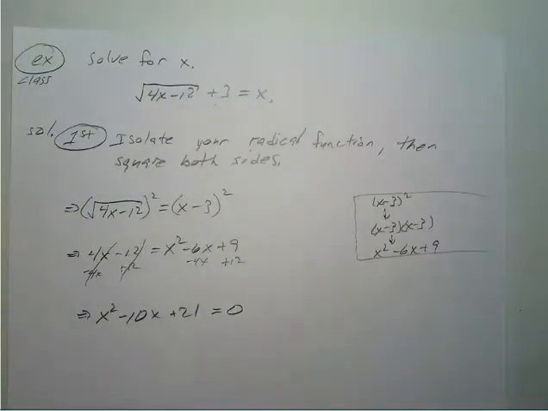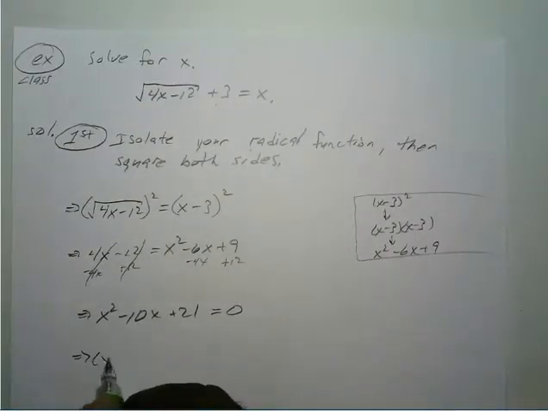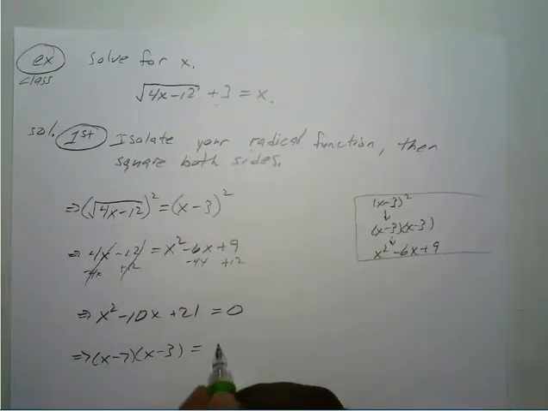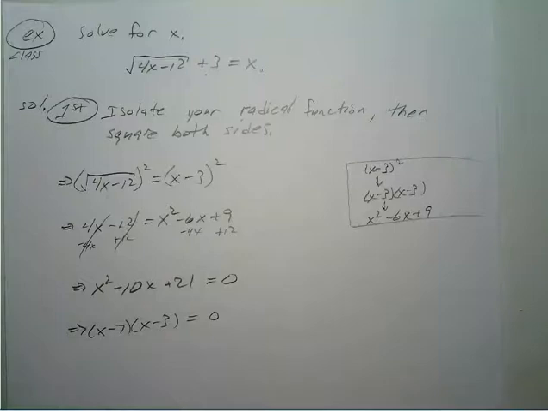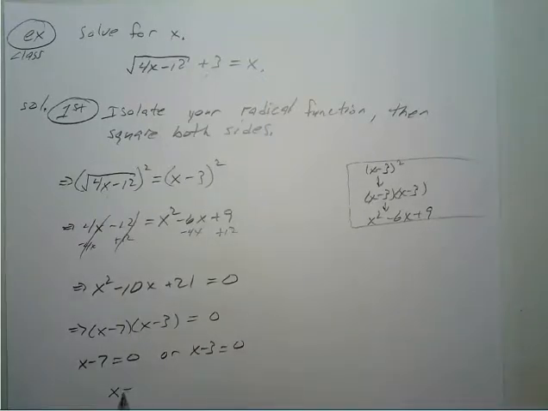All right, so now we go ahead and factor our left side. We have x minus 7 times x minus 3 is equal to 0. So that means that x minus 7 can equal 0, or x minus 3 can equal 0, or x equals 7, and x equals 3.